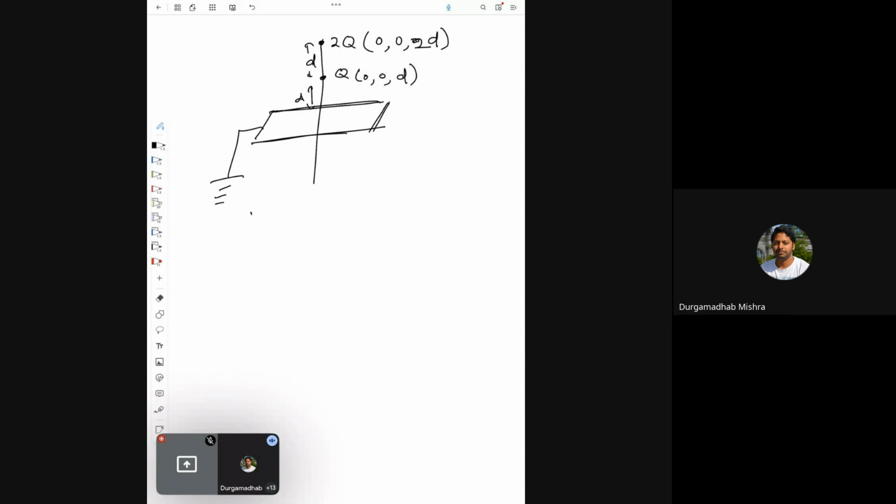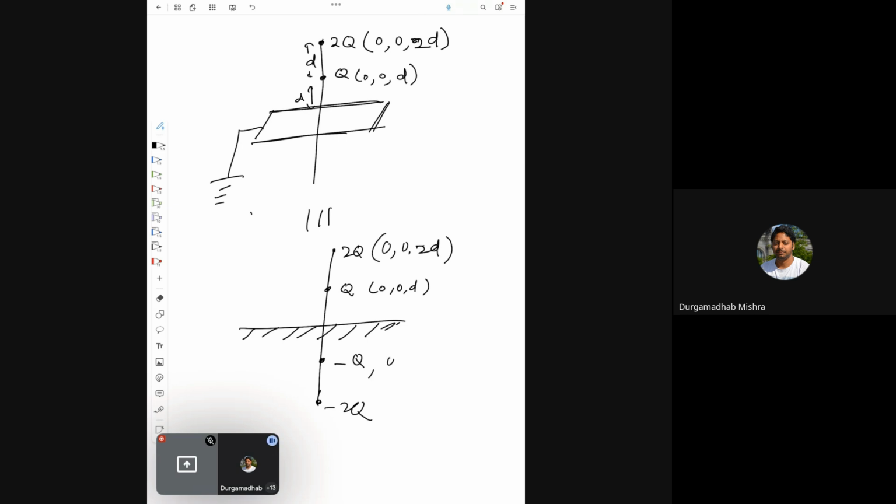Then again, the equivalent problem is that you put a mirror. So this is plus q, this is plus 2q. You take the mirror images, minus q and minus 2q. So these are at 0, 0, d, and 0, 0, 2d, and at 0, 0, minus d and 0, 0, minus 2d.